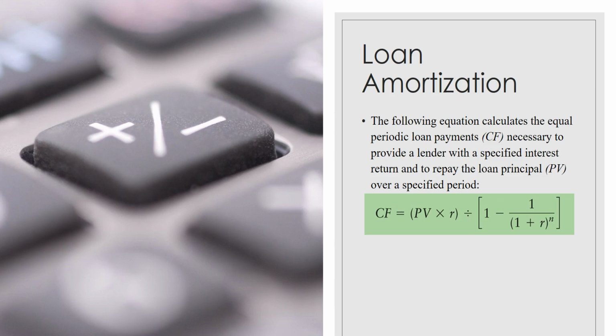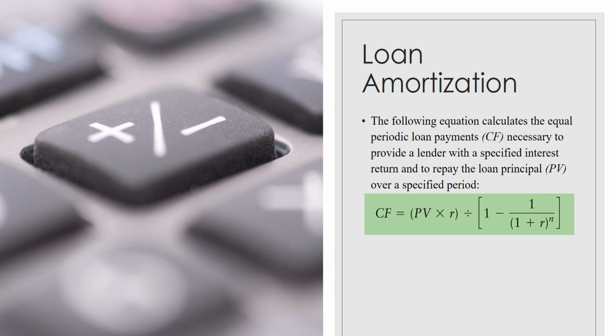So we need to determine how much should you pay each month in order to get this loan paid off, both the principal and the interest, in a set amount of time. To do that, we are going to use the payment button on our financial calculators because a loan qualifies as an annuity because the qualifications for an annuity are that they are equal, periodic, and finite.